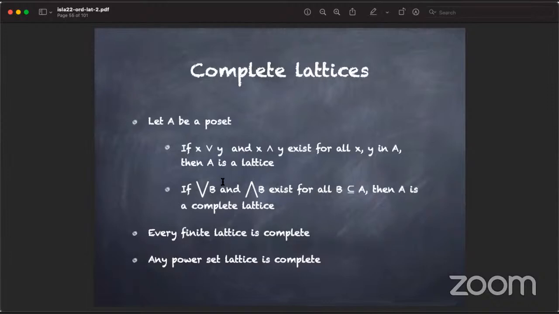If the join and meet exist for every subset of A, then we say that A is a complete lattice. So every finite lattice is complete, and any power set lattice is also complete. You can check, and it's pretty easy to see that these are all examples of complete lattices.